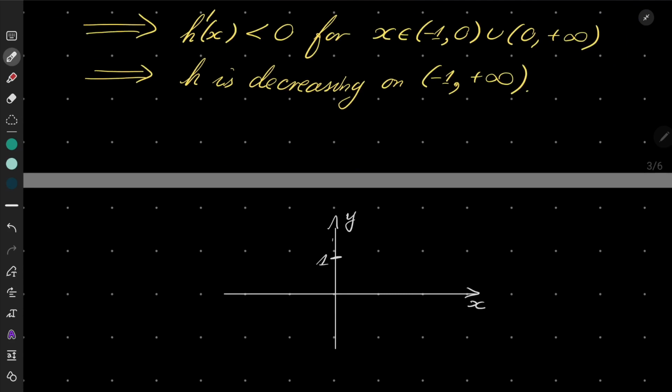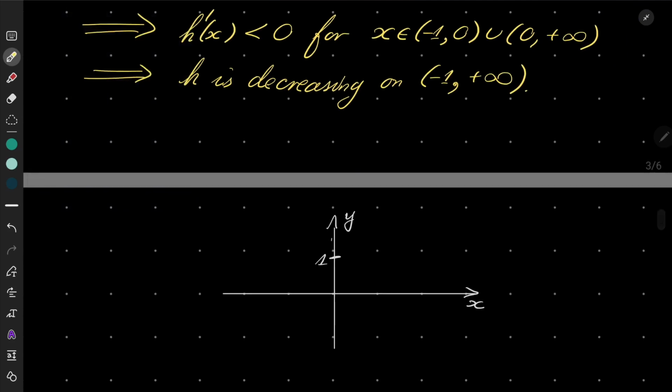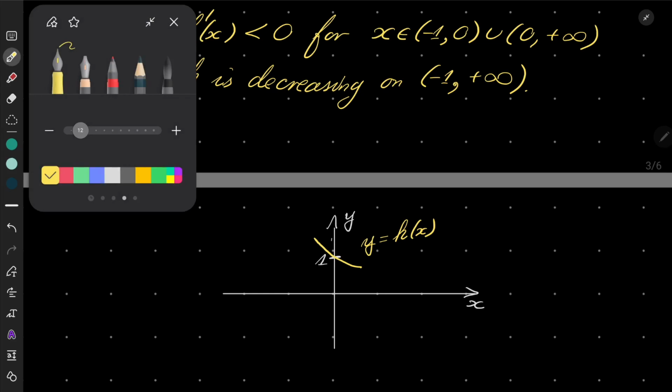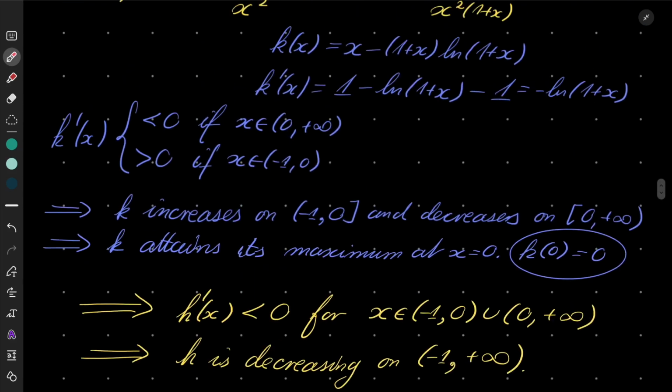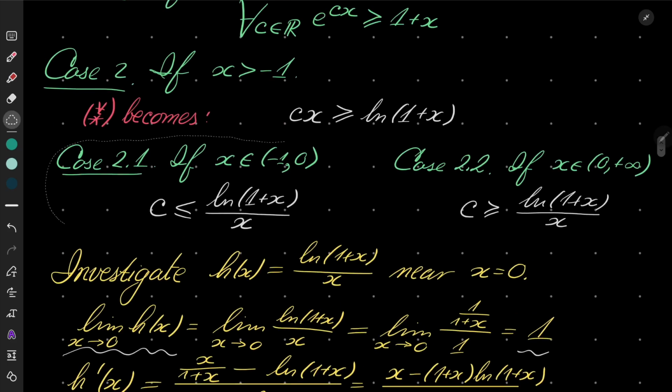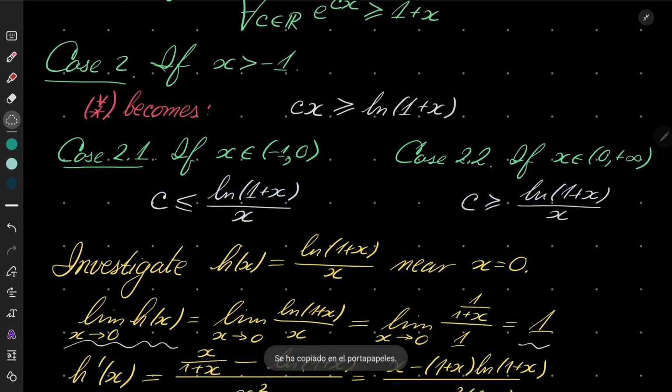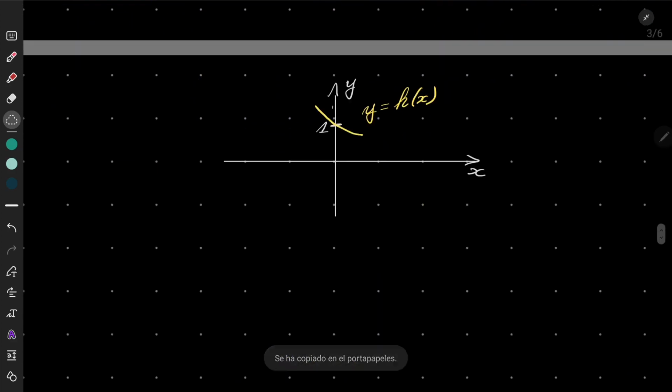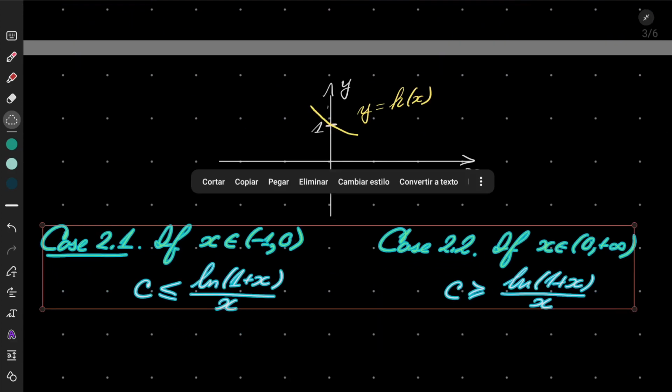So here I have 1, and it goes something like that. That's part of my graph of y equals h of x. Okay, and remember, let's go back a step. Remember that this should be satisfied. I will copy it.